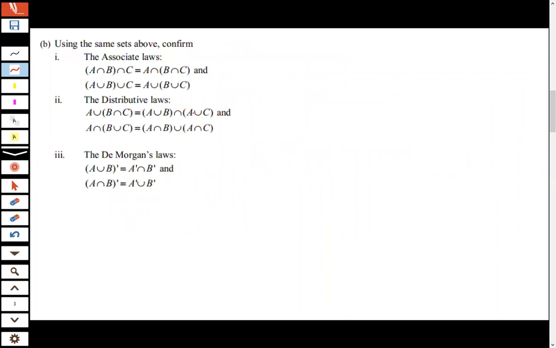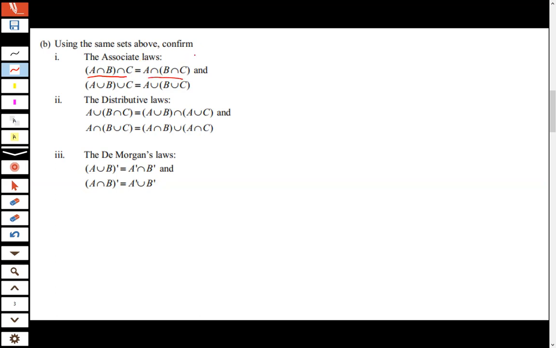So here, this is question 1B. Using the same sets above, confirm the associative law. What they are trying to tell us is that we confirm that this part is equal to the other part.